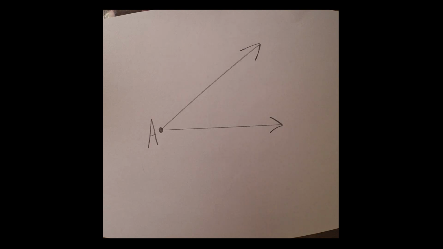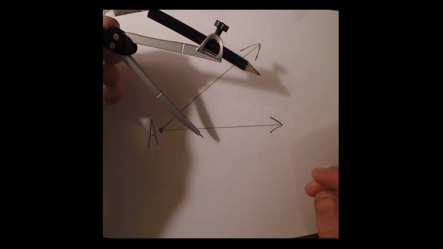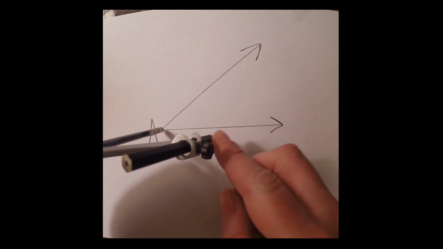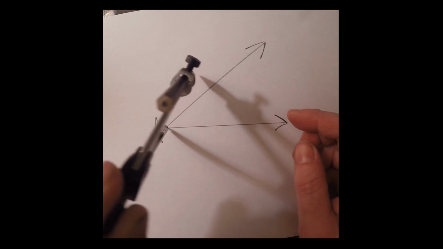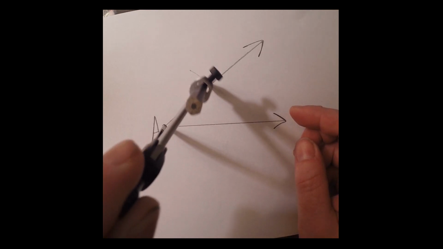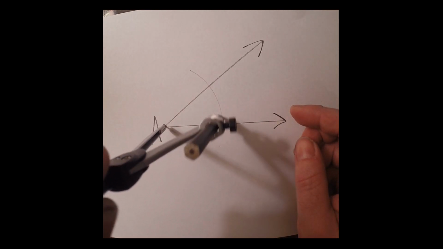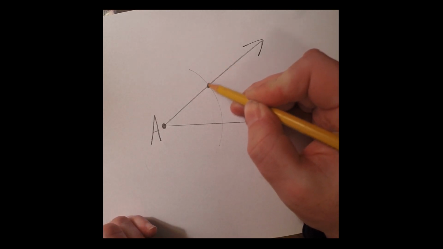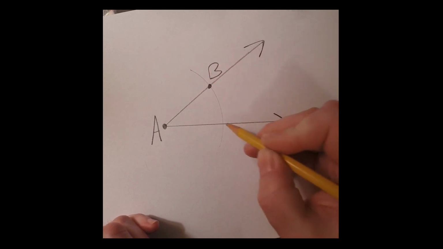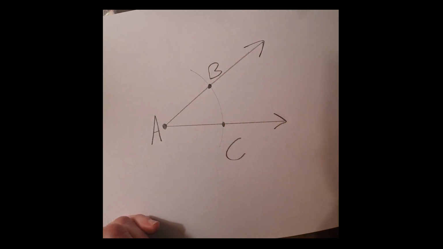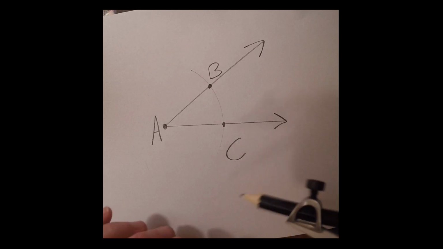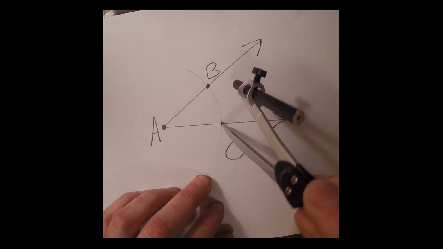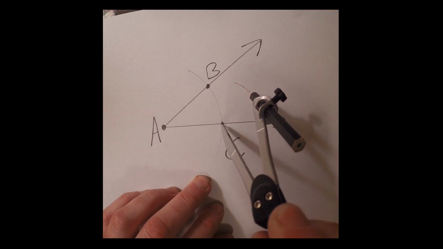So now we're going to make an angle bisector. We're going to position the compass at A and make an arc through that angle. And we're going to mark those points. I'm going to call that point B, the points of intersection. I'm going to call the next point of intersection C. Then I'm going to put the compass on C and make an arc in the interior of the angle.